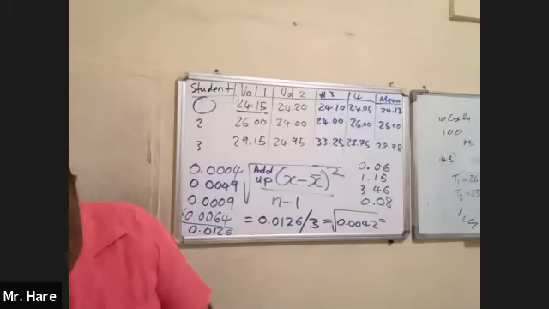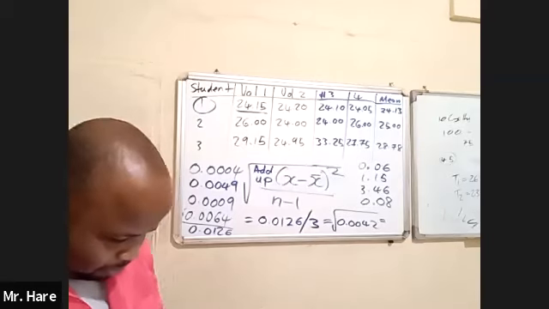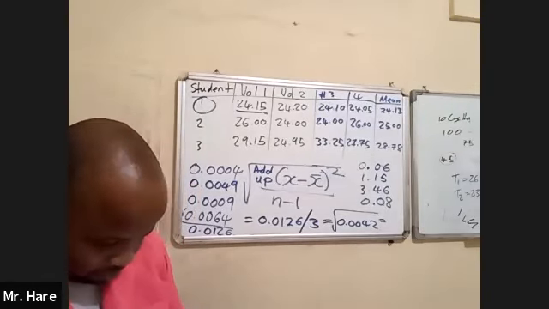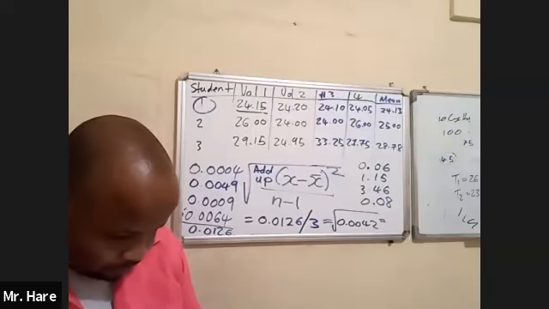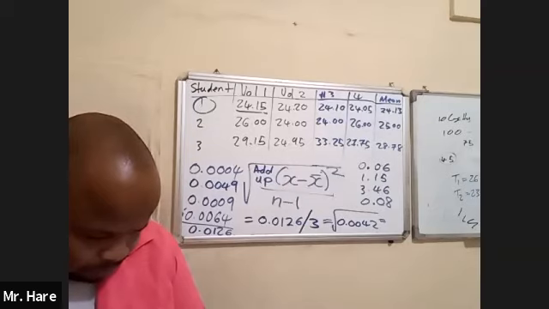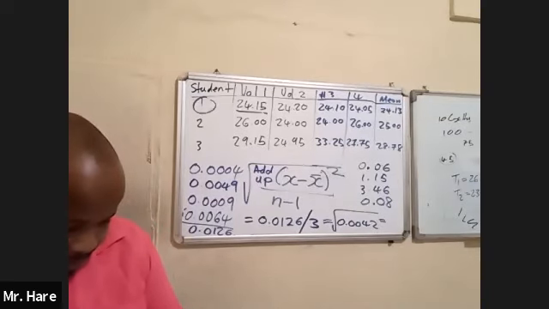So for number 4, 25.10 subtract 25 gives us 0.1, and when you square it, 0.01. 24.90 subtract 25 gives 0.01 when you square it, and then 25 subtract 25 is 0, and 25 subtract 25 is 0. So you have 0.02 over 4 minus 1, that is 0.02 divided by 3. That gives you 6.66, and the square root of that is 2.58.